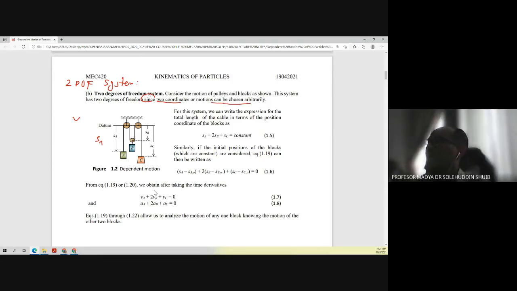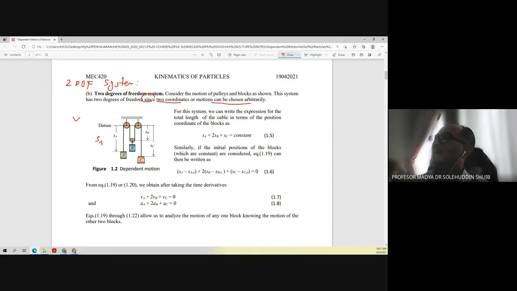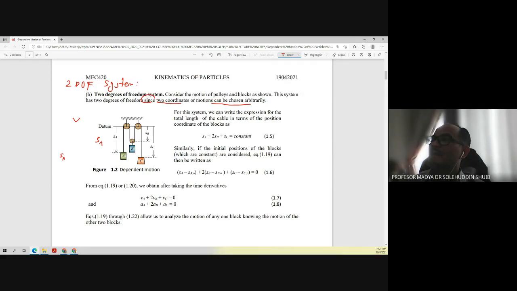So how to write this expression? We can write this expression in terms of the position coordinate of the block. So we can write SA, how many S? 1S. And you can see you have two strings, right? 2SB, and then plus SC equal to constant, the total length of the string.